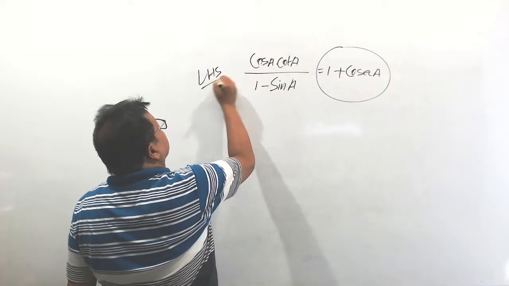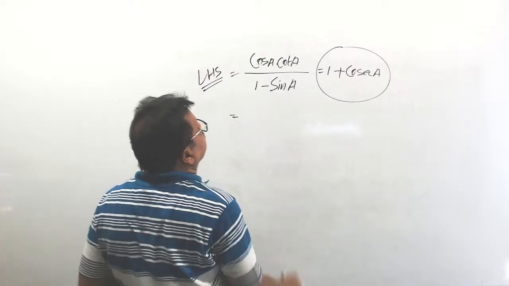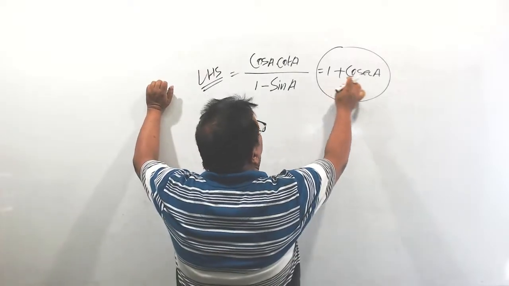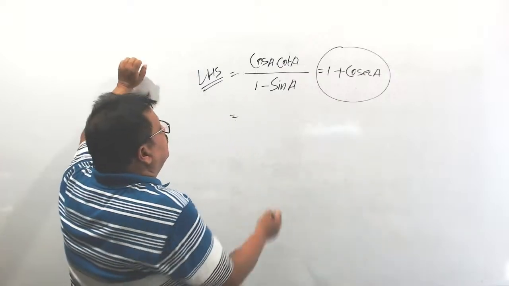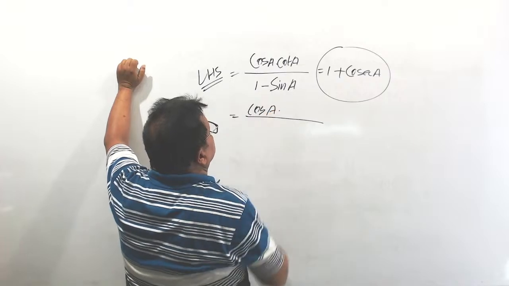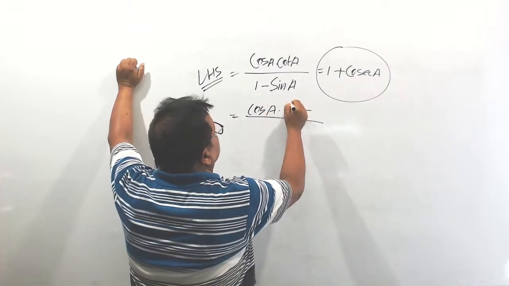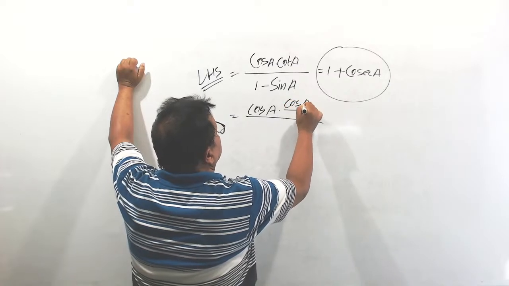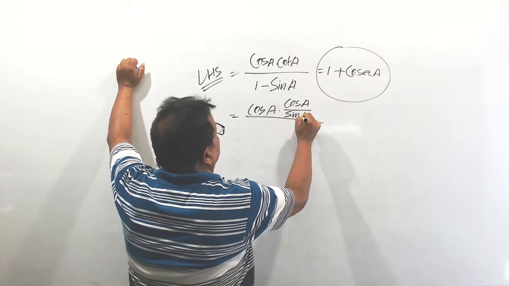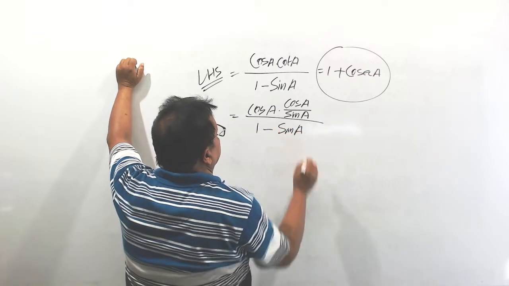Left hand side. How will you prove this one? You have to bring 1 plus cosec theta. Now, cos theta, cos A. In place of theta, here is A. What is cot theta? Cos A by sin A. Can you write 1 minus sin A?